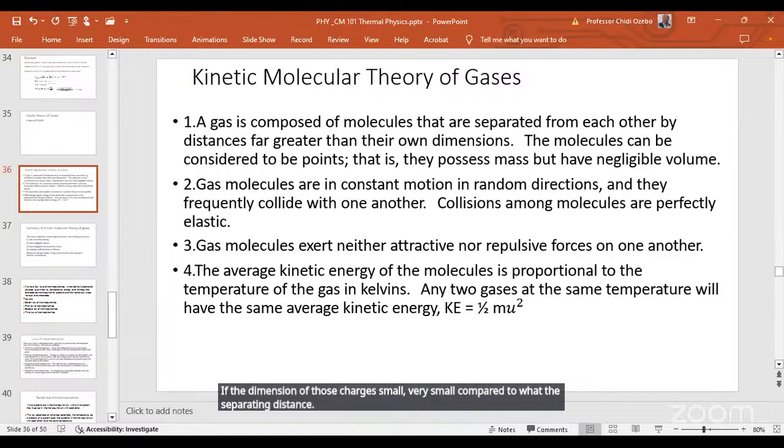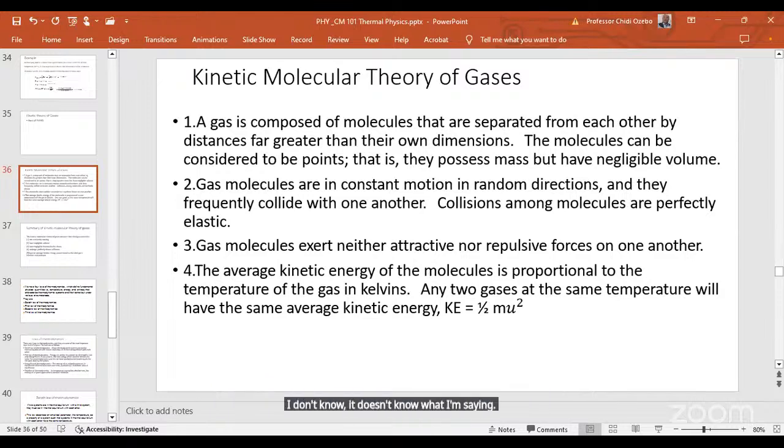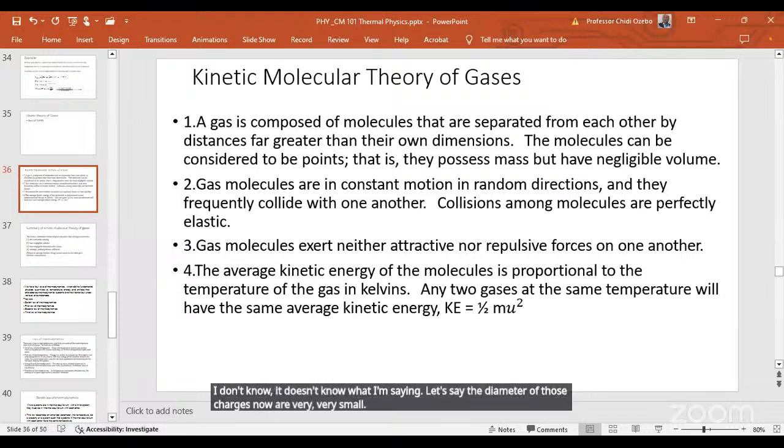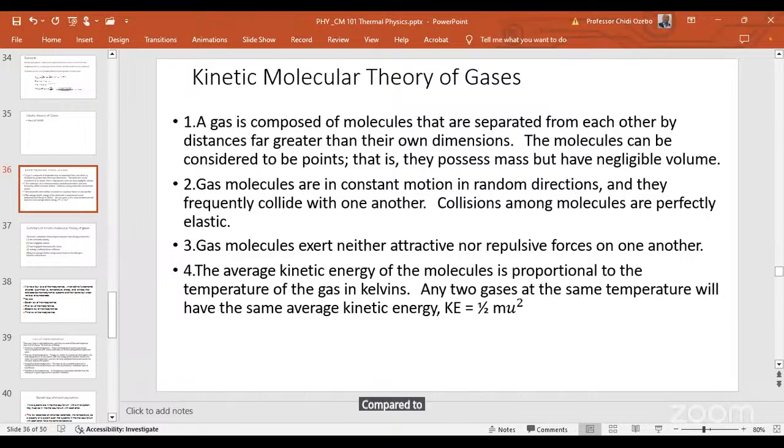I don't know if you understand what I'm saying. If the diameter of those charges is very, very small compared to the distance between them, then we call them point charges.